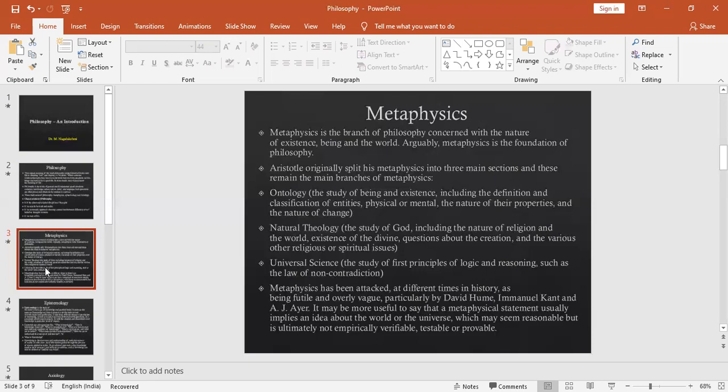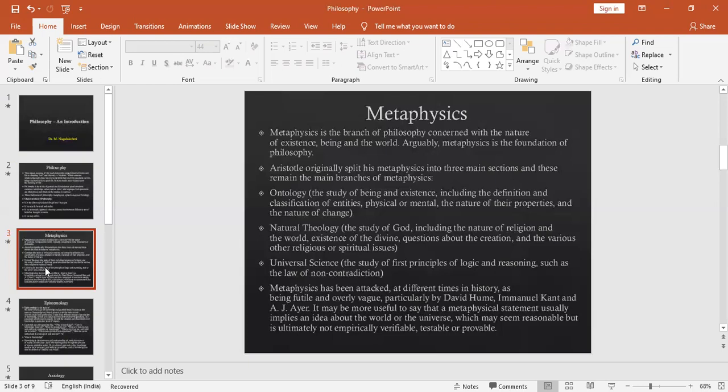Ontology, natural theology, and universal science. What is ontology? The study of being and existence, including the definition and classification of entities, physical or mental, the nature of their properties, and the nature of change. So being and existence, that is ontology.